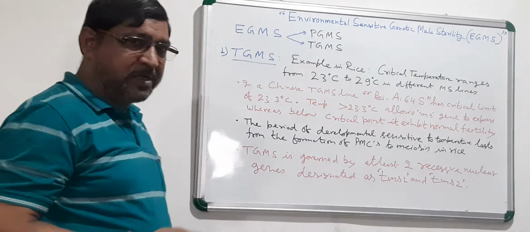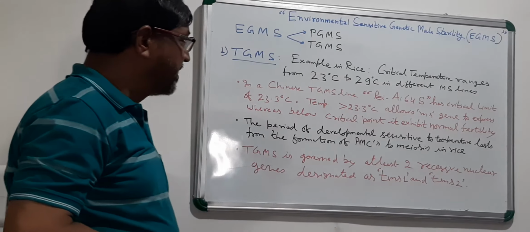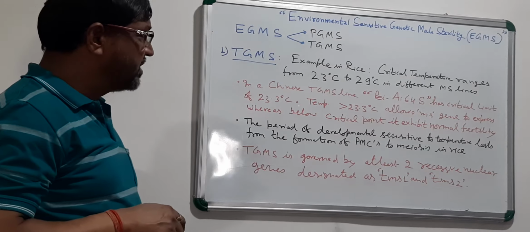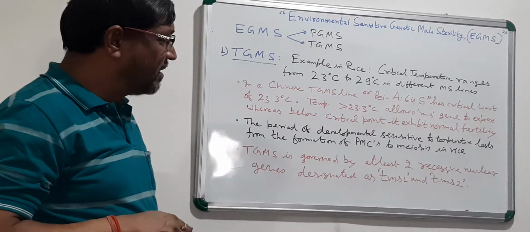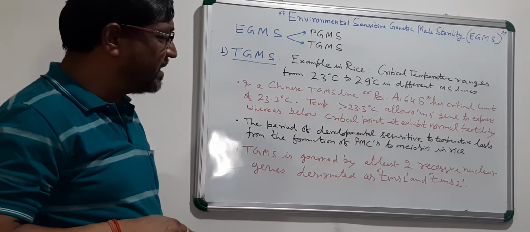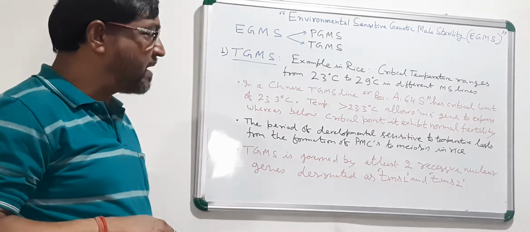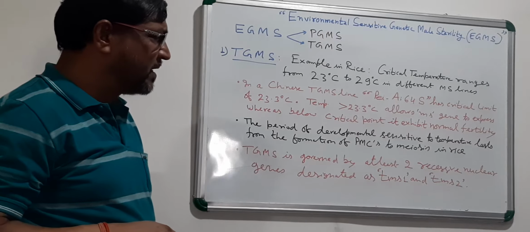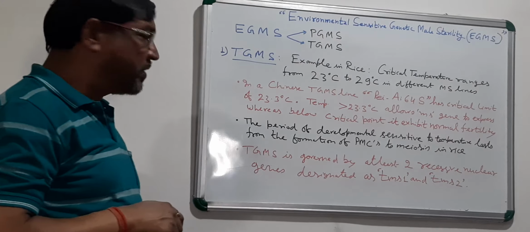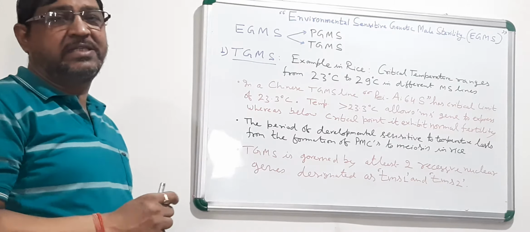So I'm showing the example of rice. If you see in a Chinese TGMS line, which is known as PAI64S, PAI64S has a critical limit of 23.3 degrees Celsius. It has been observed.